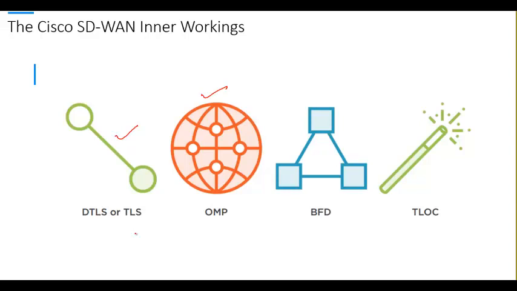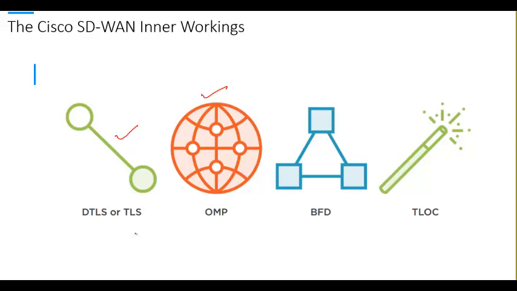So the vSmart controller is the one that makes the decision at the end of the day, because vManage doesn't collect that network topology information. OMP reports only to the vSmart. vEdges use OMP to report to the vSmart. vSmart has the complete picture of the topology.